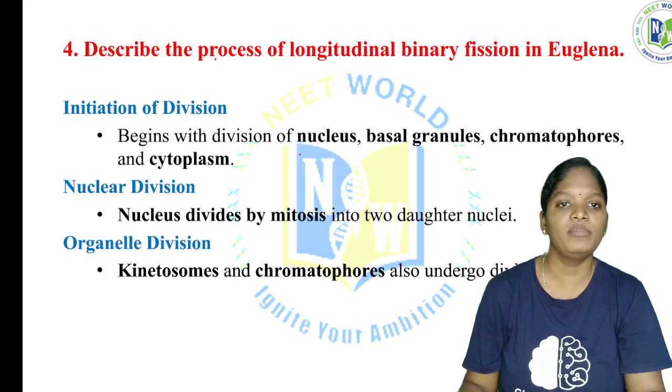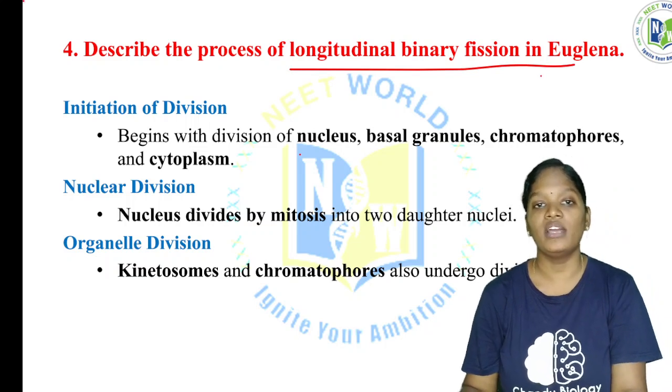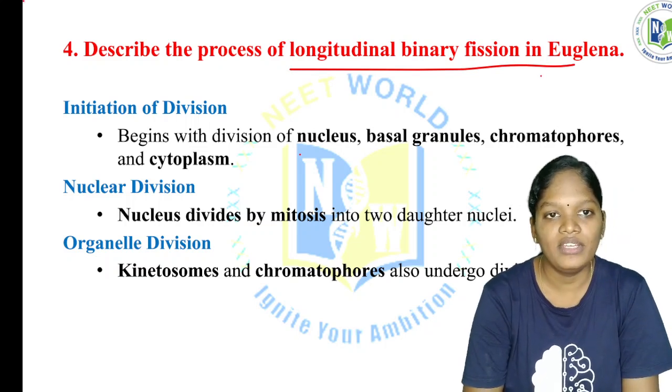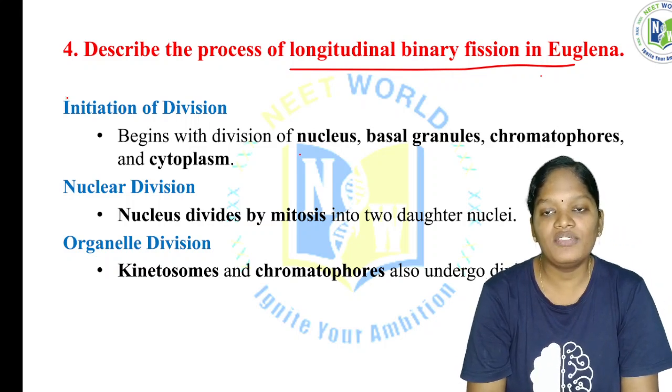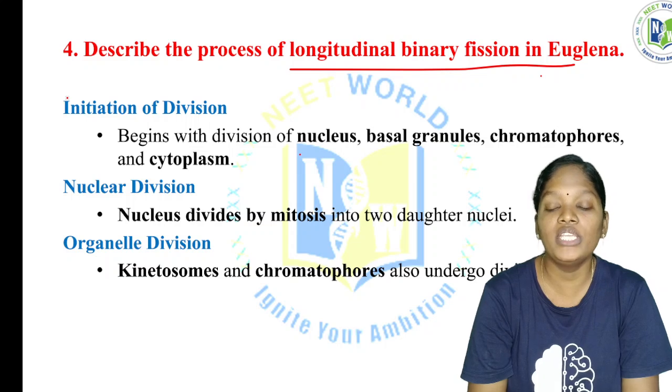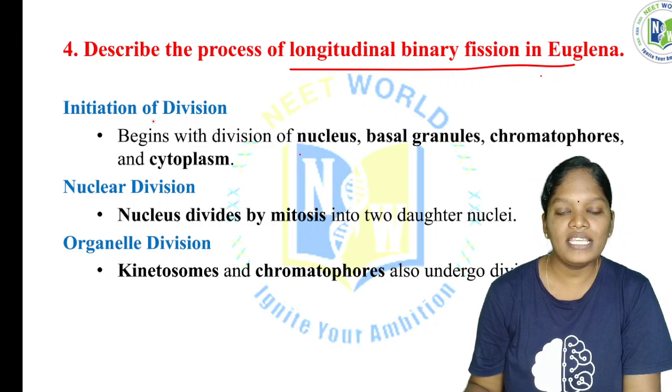Now the next question: describe the process of longitudinal binary fission in Euglena. In the previous question we discussed transverse binary fission in paramecium, and here it is longitudinal binary fission in Euglena. This is the initiation of the division.